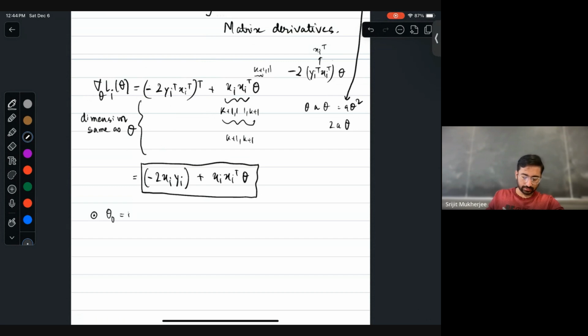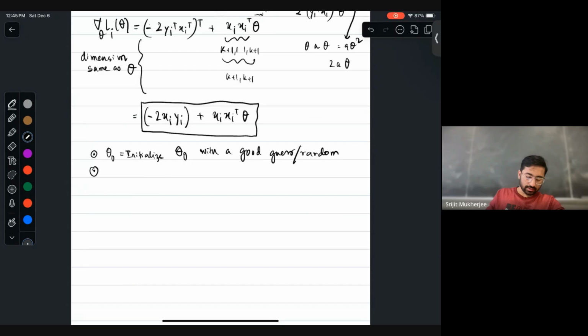initialize theta naught with a good guess or random. Then you know the del L theta. So you build a function, def gradient of theta. You define the function.